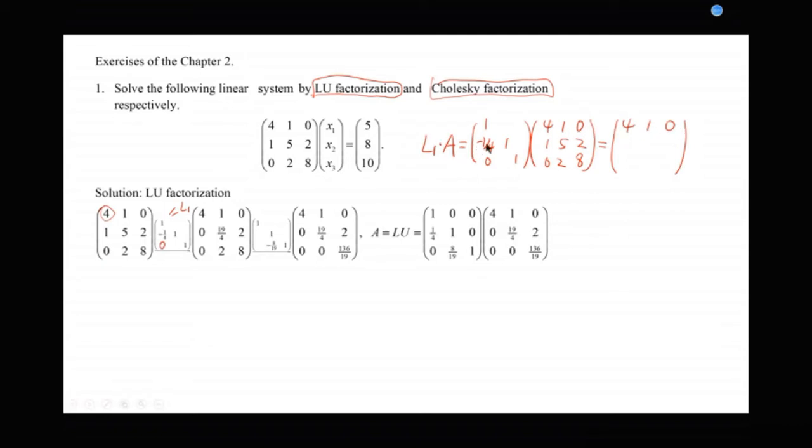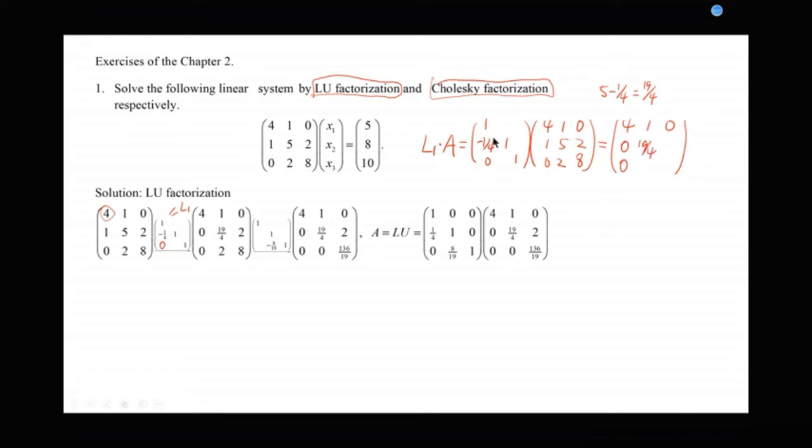Also these two numbers should be zeros. The second row multiply the second column: 5 minus 1 over 4, so 5 multiply 4 is 20, minus 1 is 19 over 4. So here should be 19 over 4.